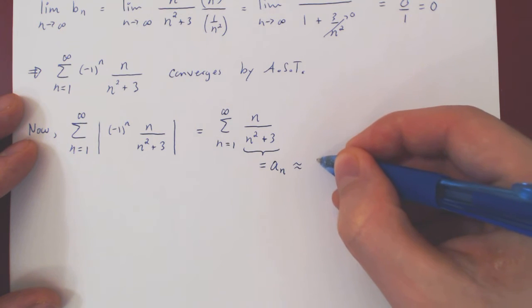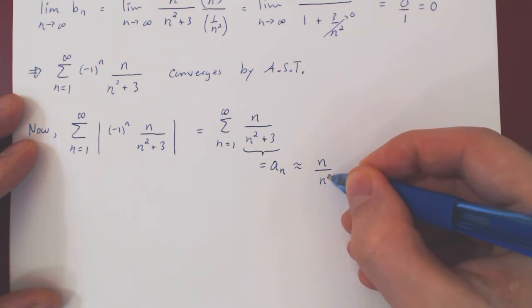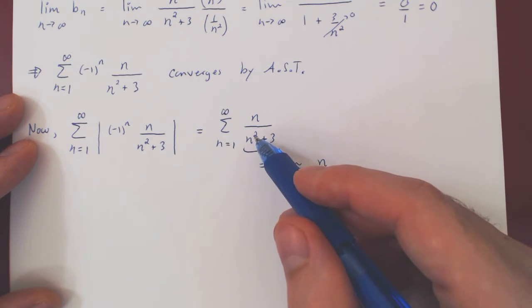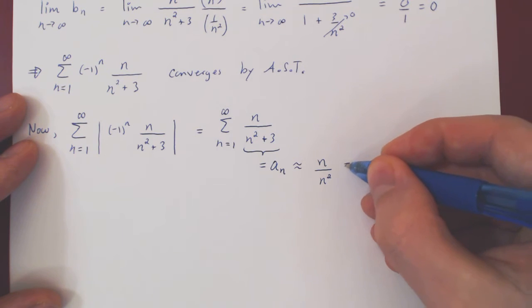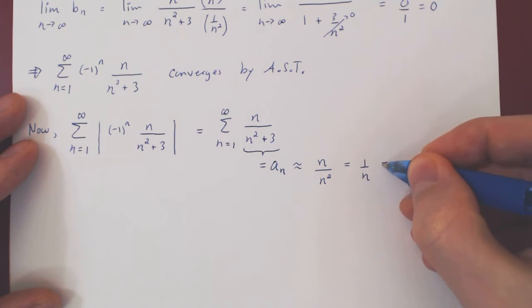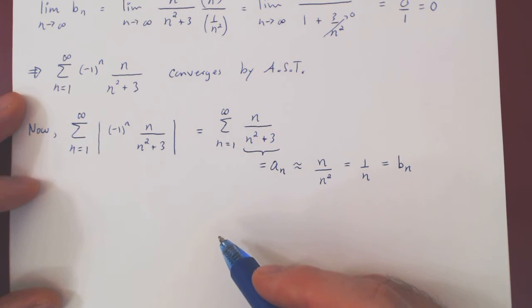Well, an is roughly n over n squared, as clearly when n is large, n squared is way larger than 3. This is simply 1 over n, which is now our Bn in the context of the limit comparison test.